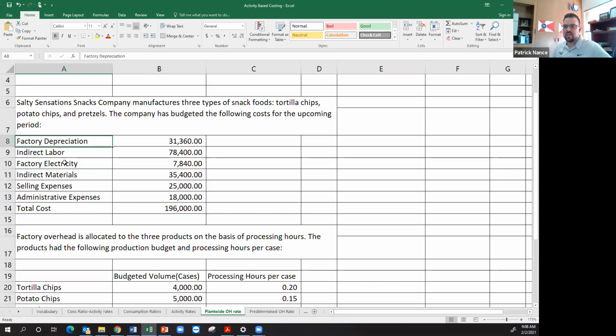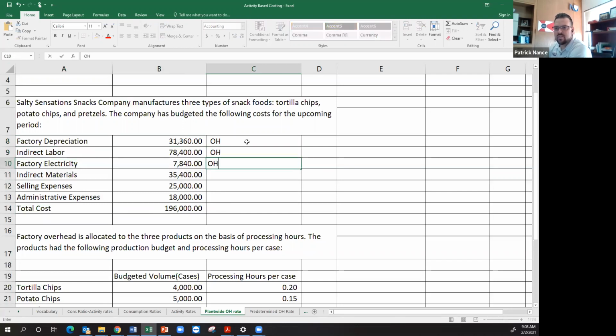So what I need to do is go through this list and figure out what's overhead. Factory depreciation is overhead. Indirect labor is overhead. Factory electricity is overhead. Indirect materials is overhead. Selling expenses is exactly what it's labeled. A selling expense is not overhead, and administrative expenses are also not overhead.